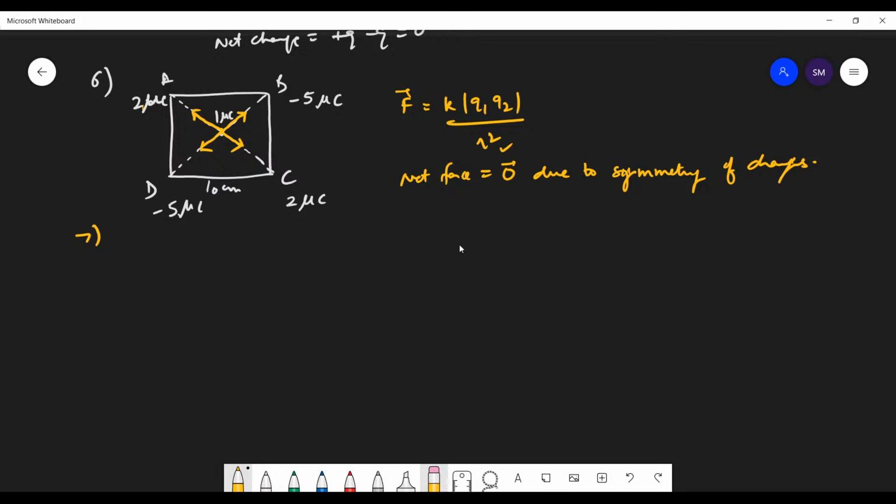But here the question asked is why they are continuous. So can you think of the answer why they are continuous?